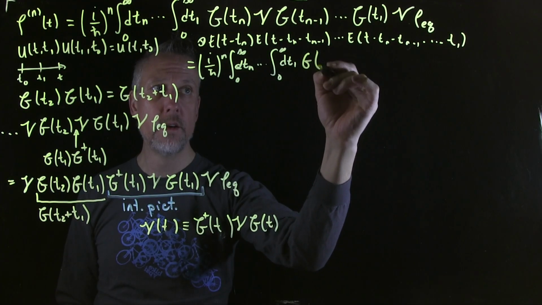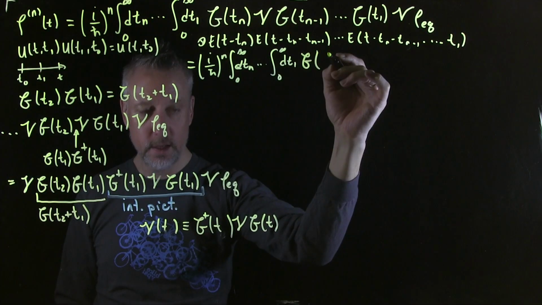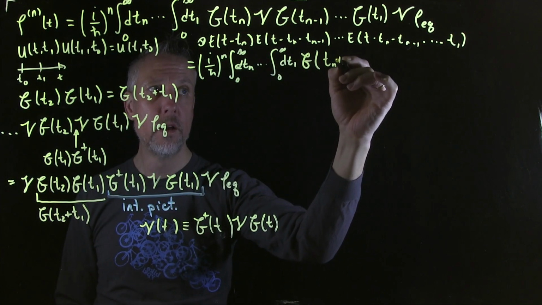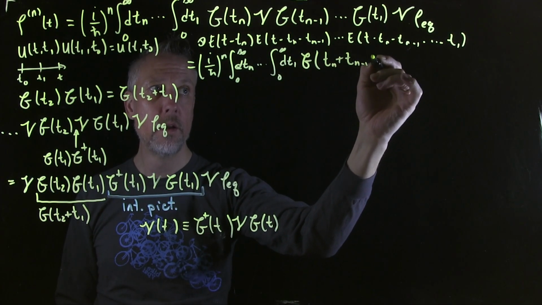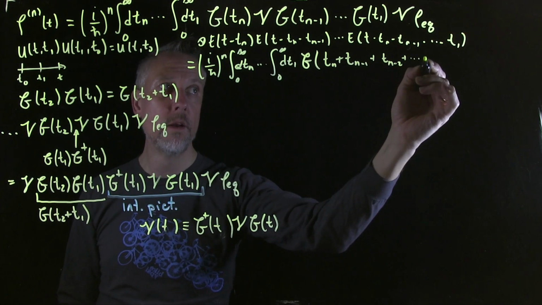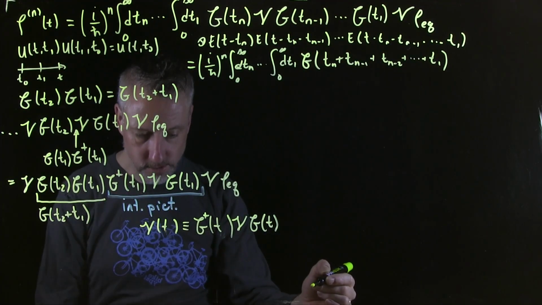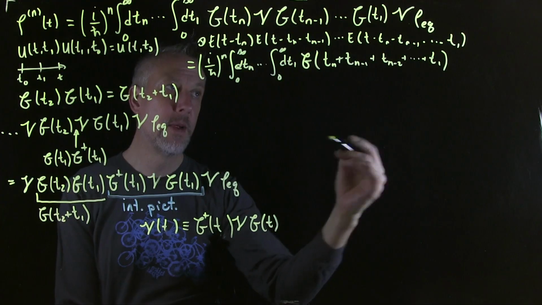So we'll have G, and now it's going to be totally all of them: Tn plus Tn minus 1 plus Tn minus 2 and so on down to T1, to the G part. Then we have the V's.